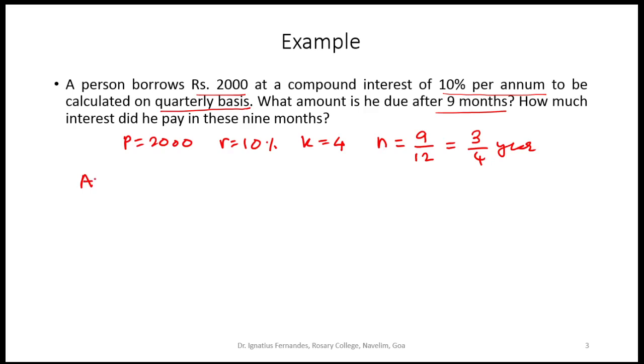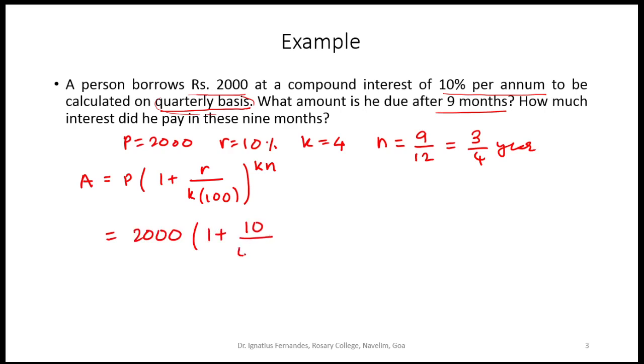What we want is the total amount after these 9 months. So total amount A is equal to P into (1 plus R upon K into 100) raised to K into N. Now it is on quarterly basis, so we know that K is equal to 4. So it will be equal to P, here 2000, into (1 plus R is equal to 10, K is equal to 4) raised to 4 into N, which is 3 upon 4.